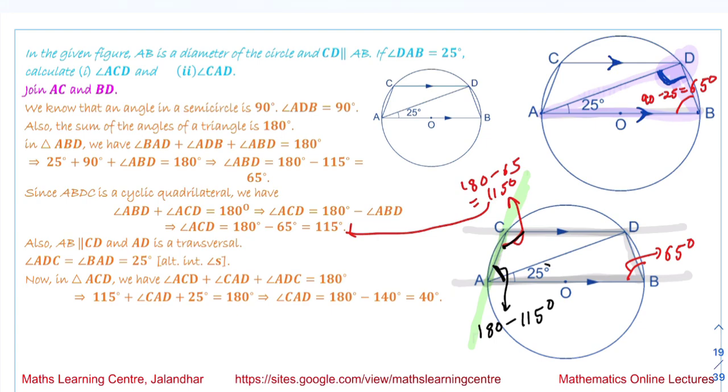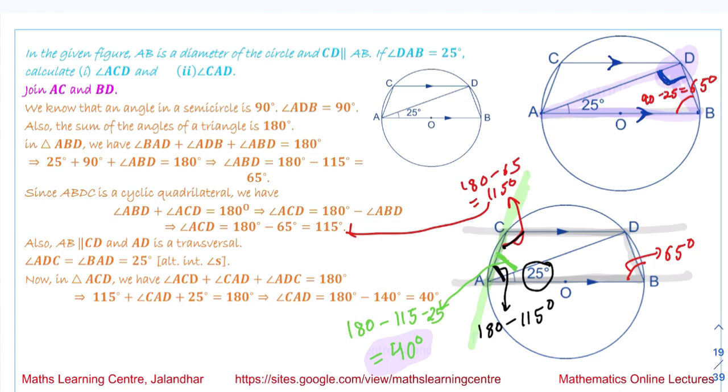Now the measure of this angle is 25 degrees. The angle that we have to measure is CAD. So the measure of angle CAD will be 180 minus 115 minus 25, that is equal to 40 degrees. The measure of this angle is 40 degrees.